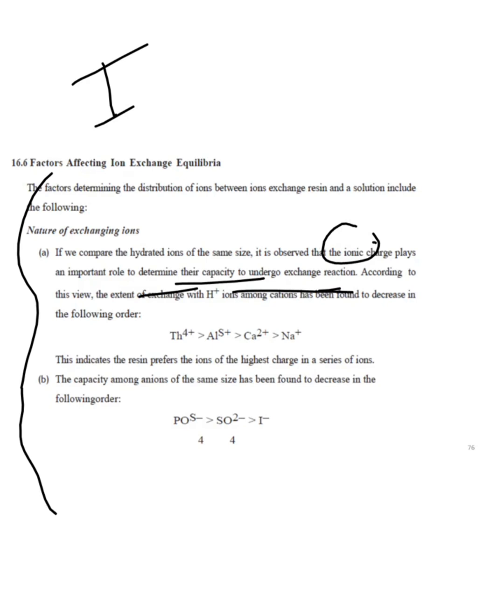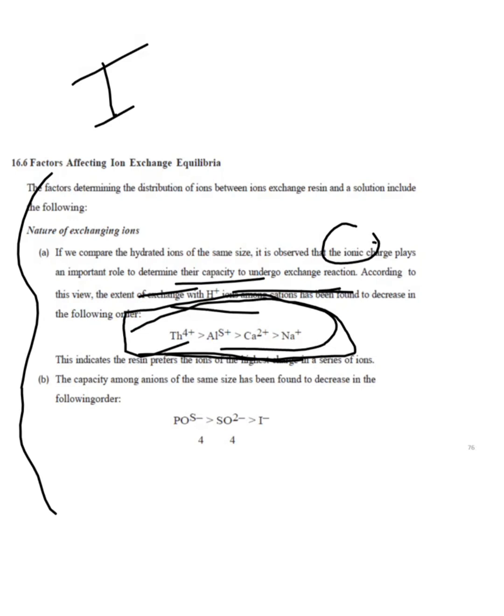So here we are taking the cations in the following decreasing order. This is the exchange of H plus ions among the cations in decreasing order. So this is the example we have taken. That's all. You are not going to use the same criteria for all the experiments.